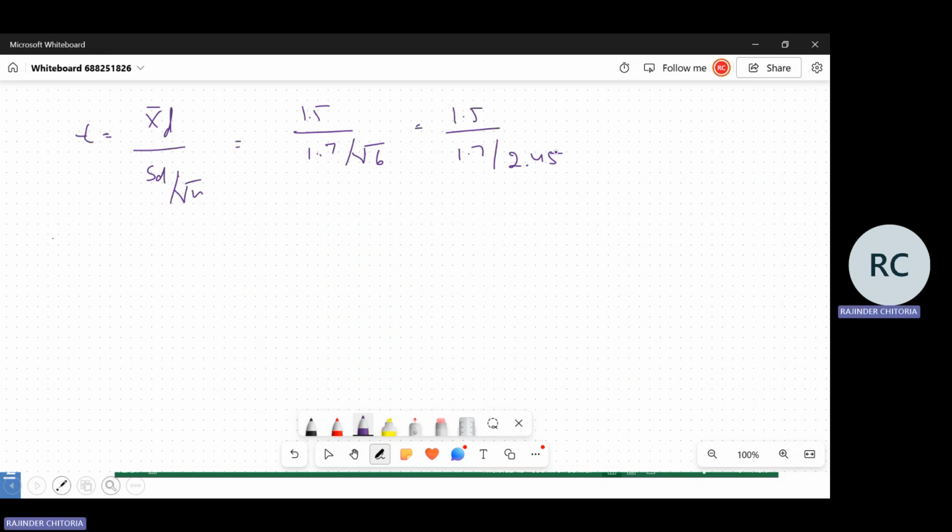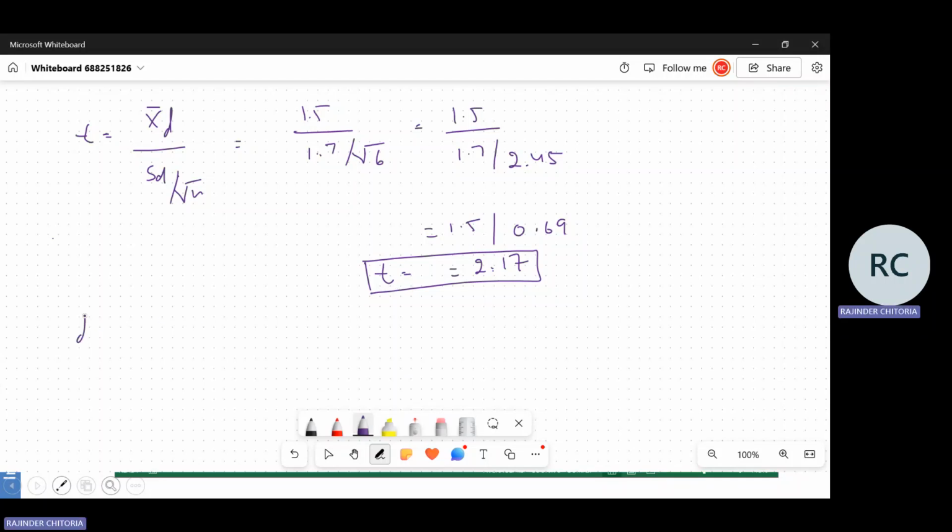When we divide 1.7 by 2.45, we get about 0.69. So 1.5 divided by 0.69 gives around 2.17. That's the T value of the calculation.